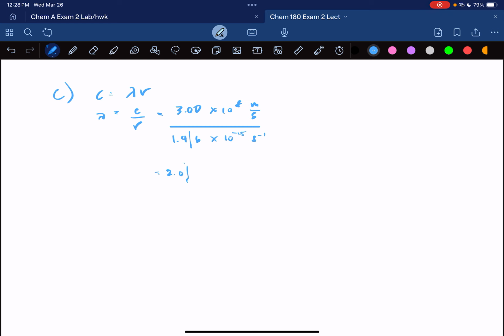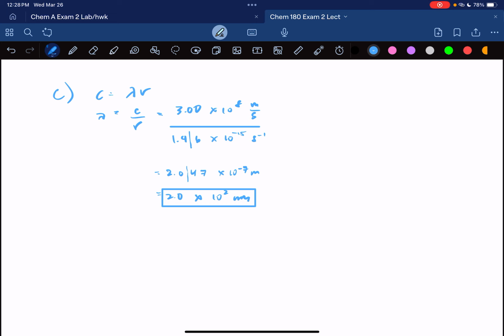You could also say that is 2.0 times 10 to the 2 nanometers, just a little bit better, without so many exponent numbers. Is that clear, everyone?